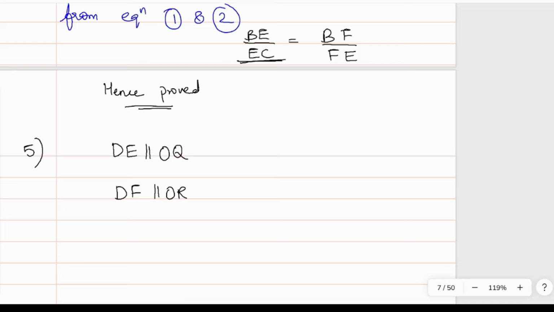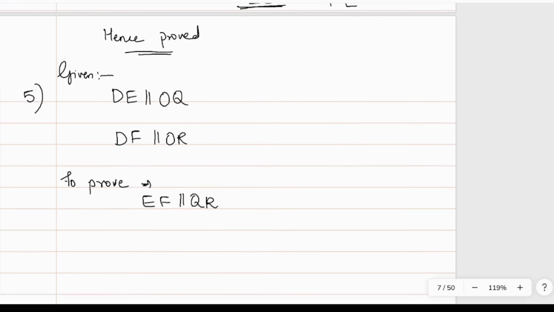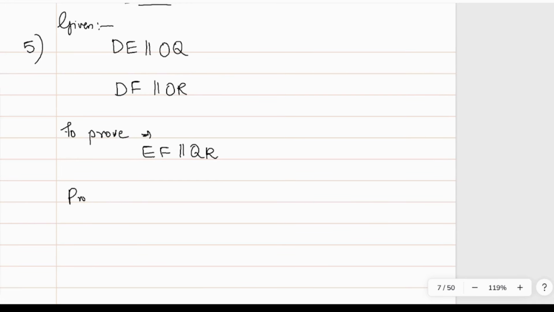So these are the given things. So given, then what to prove? We have to prove, or to show, EF parallel to QR, right? Then we will write the proof.